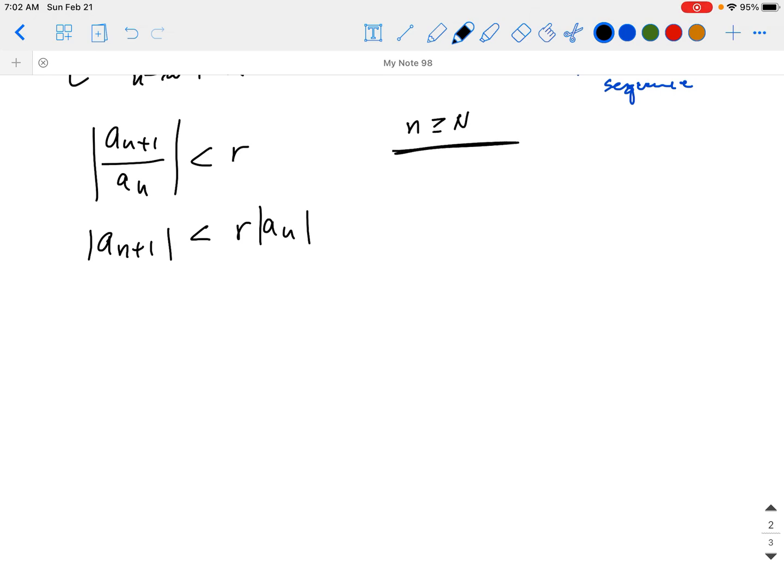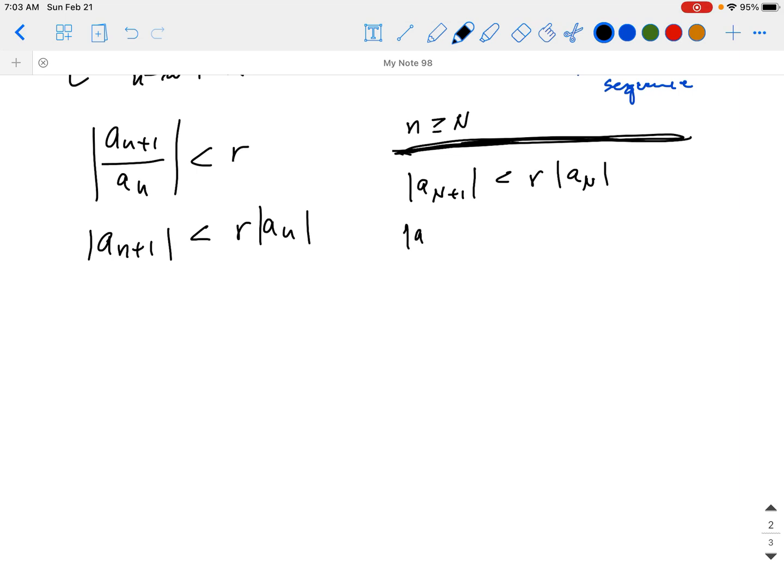So noting this, we can start constructing statements like a sub capital N plus 1. So this specific term in the sequence, as opposed to just some nth term, is going to be smaller than r times a sub capital N. Right, so we know that n is greater than or equal to capital N. So if I go one term past capital N, this will be true.